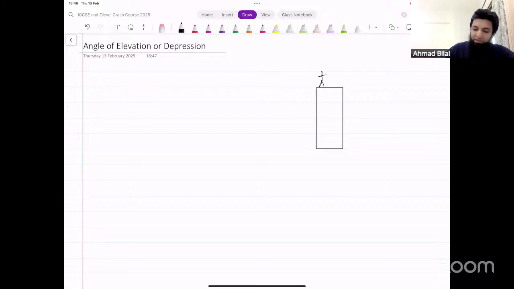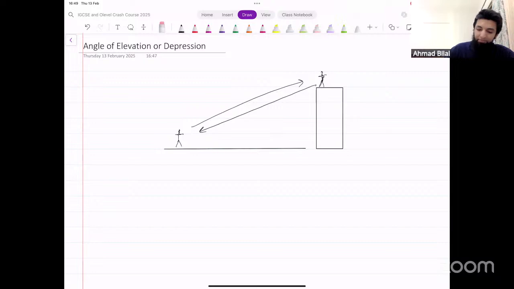This person is looking at another person on the ground, and this person on the ground is looking at that person.